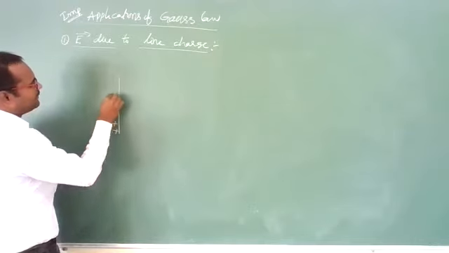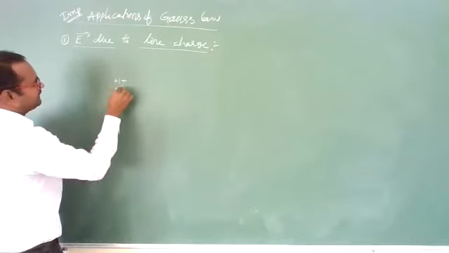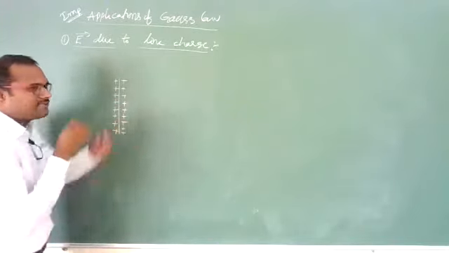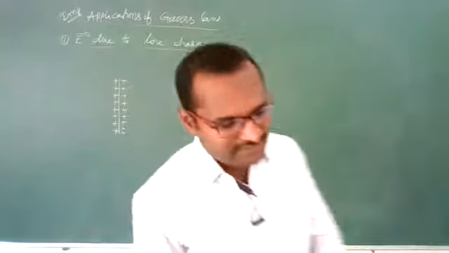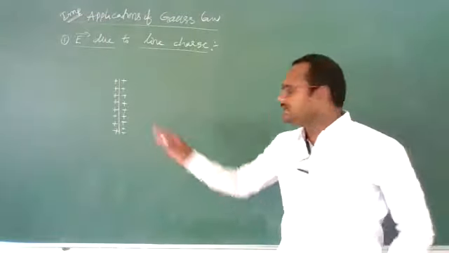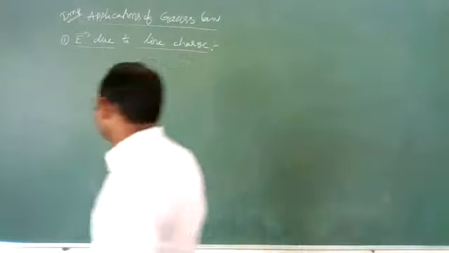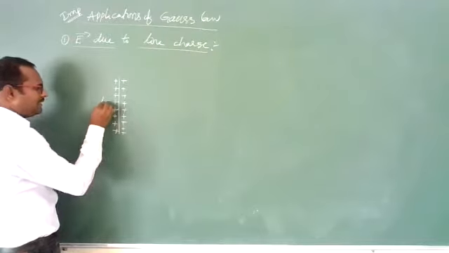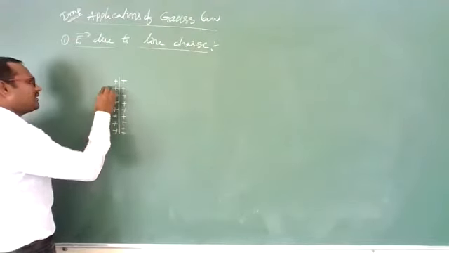Charge is uniformly distributed over this line, and imagine this line is of infinite length. Infinite length is not possible, but in comparison to other things, this length will be infinite. Imagine like that. Okay, and length of this rod is L.